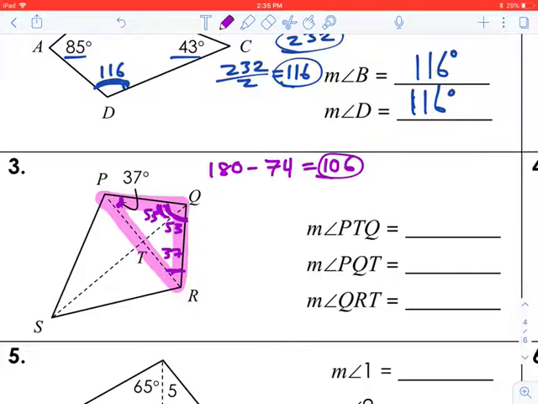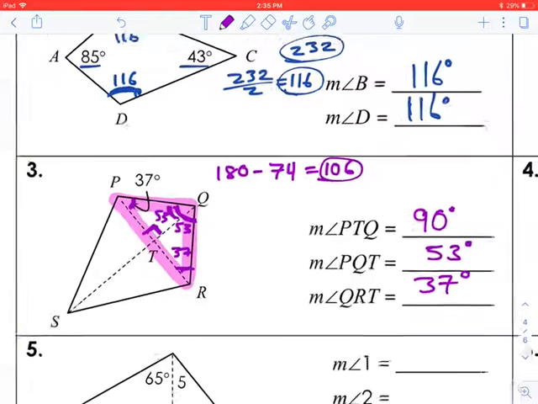As I'm going through what I need to find, PTQ is right in the middle, which is 90, because the diagonals are perpendicular. PQT is 53, which we found. And QRT is the 37 that we already found as well.